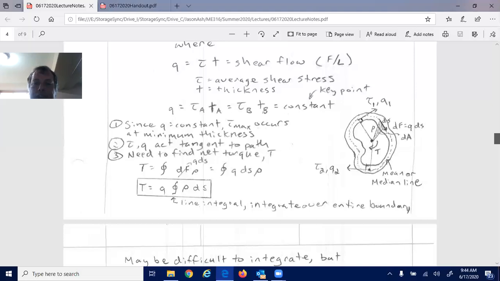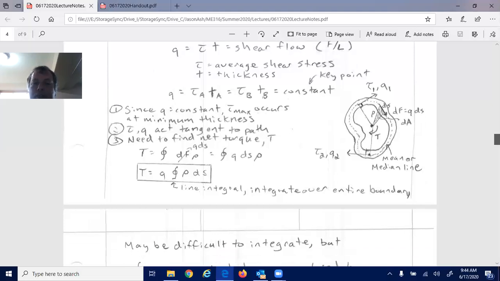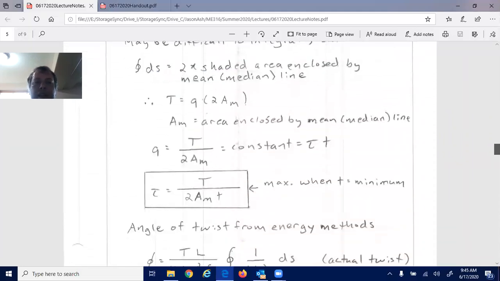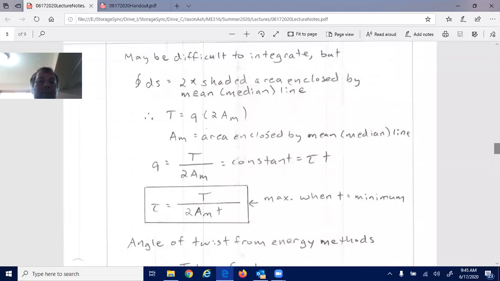There is a simplification where it falls out into algebra, but I'll show you what you need to do if you need to integrate as well. That may be difficult to integrate based on the cross section you're dealing with, especially if that rho value, the radius value, is changing substantially with respect to theta.